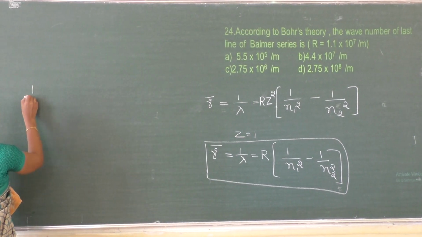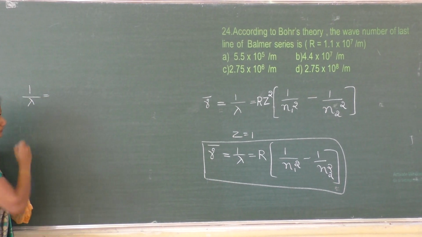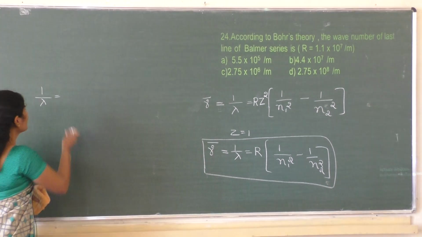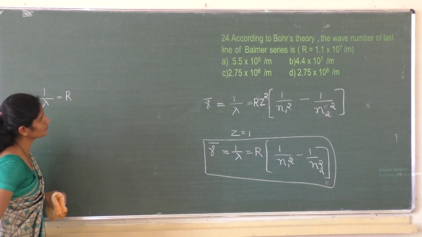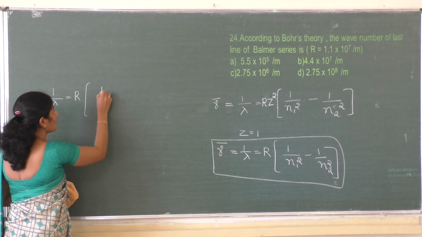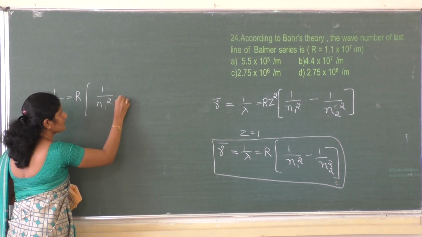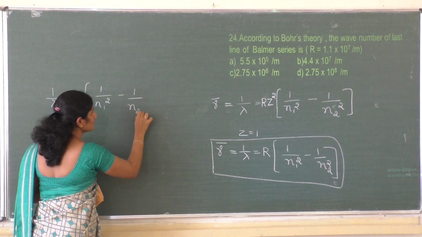1 by lambda is equal to R into 1 by n1 square minus 1 by n2 square.